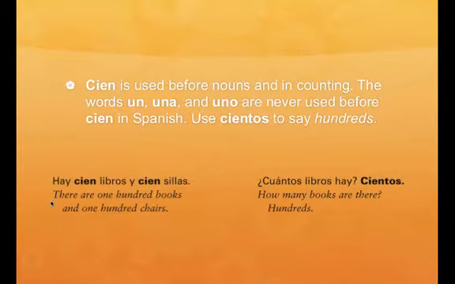There are 100 books and 100 chairs. Right here we have a different example. ¿Cuántos libros hay? Cientos. So how many books are there? Hundreds. All right, so we see that right here. Use cientos to say hundreds.